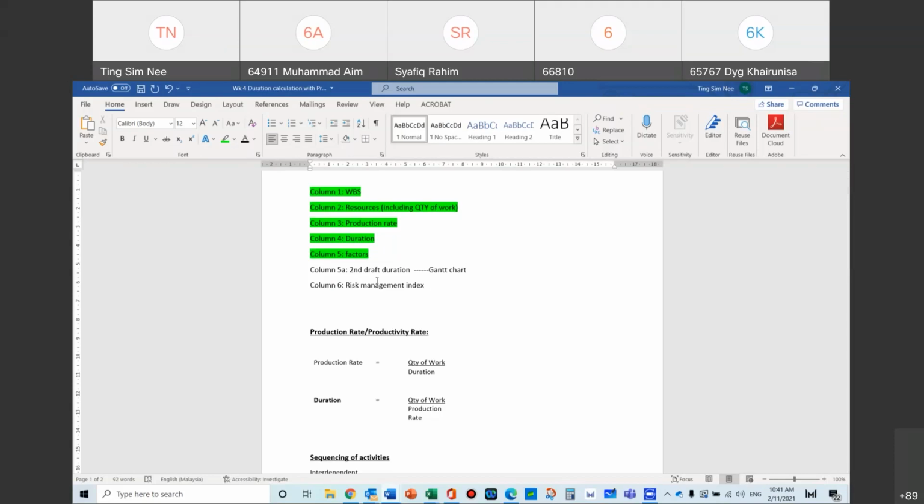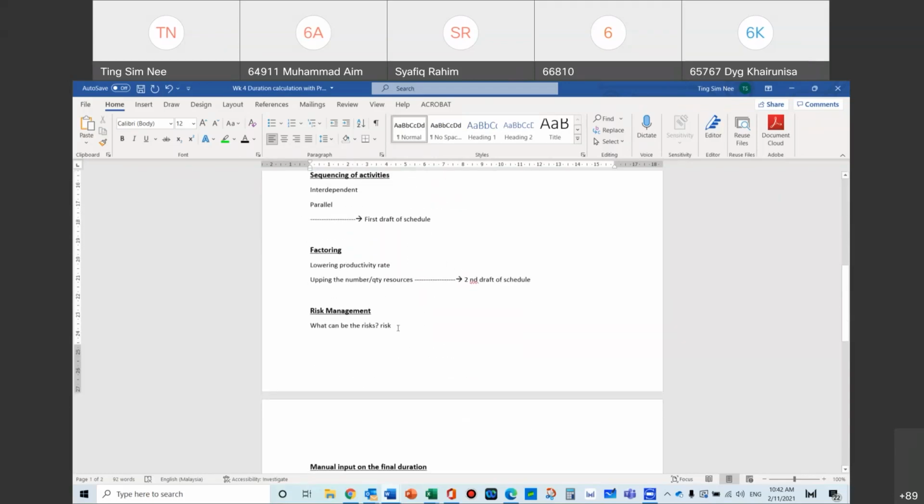And then from the impact and the probability of occurrence, we will calculate what we call an index, and that index will tell us exactly how much to increase your schedule or to do something about that risk. That may not be translated into Gantt chart, but it can be translated into the usage of your resources as well.